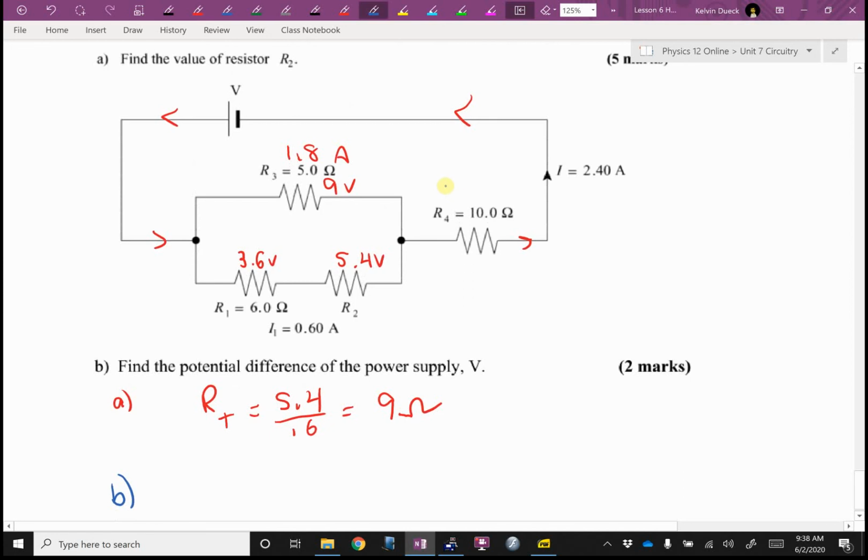I can tell you that this has a voltage of I times R, 24 volts. Now I use 9 volts plus 24 volts, and that gets me to the bottom. So the potential difference is 9 plus 24, which is a 33 volt voltage source.